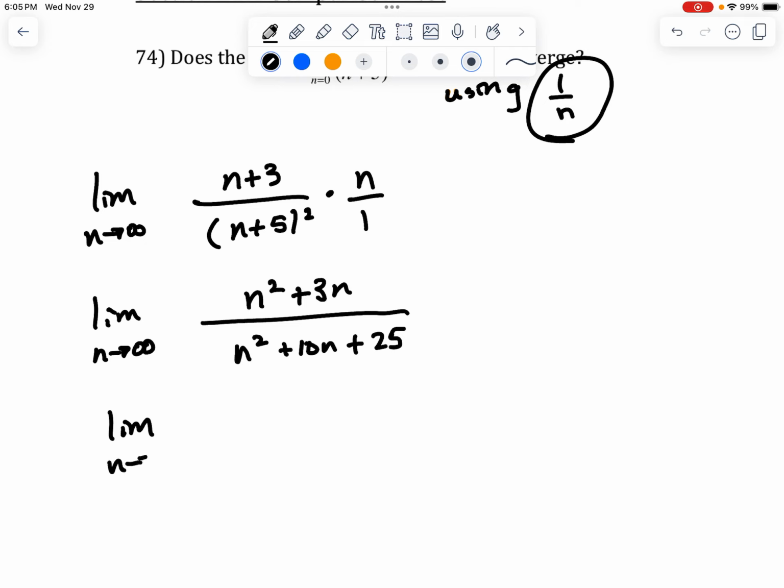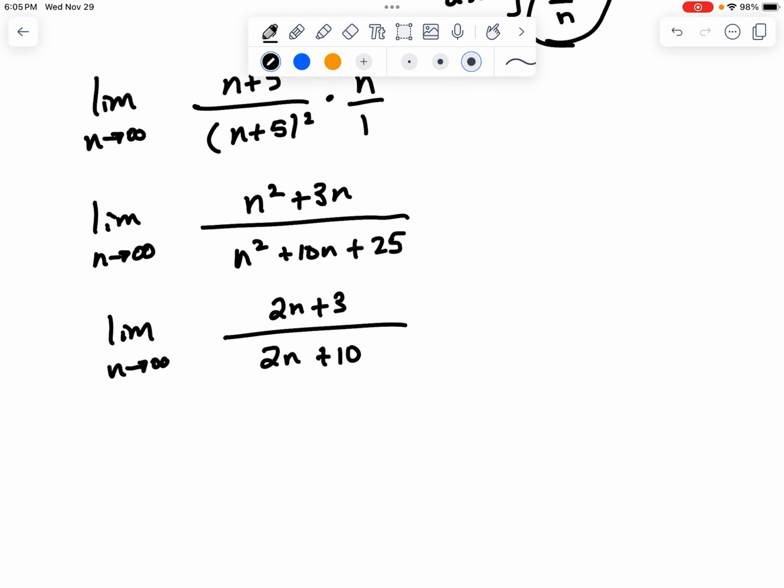So when you use L'Hopital's rule, it is then going to have 2n plus 3 on the top and 2n plus 10 on the bottom. And if you do L'Hopital's rule one more time, then it's going to be the derivative on the top is a 2, on the bottom is a 2, and then that is a 1.